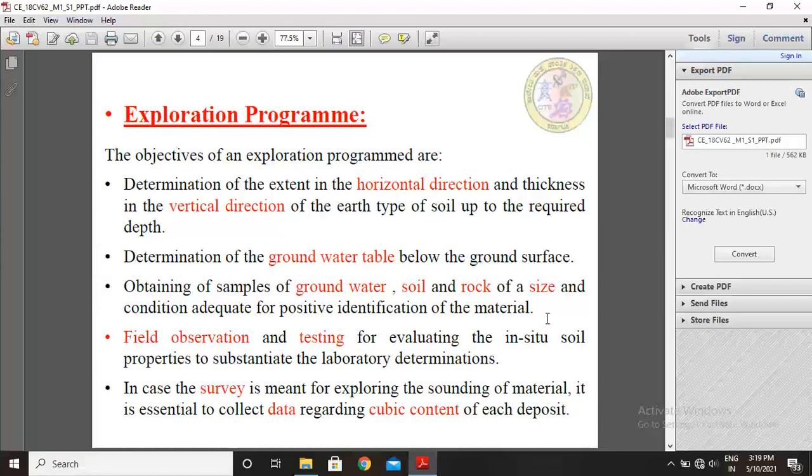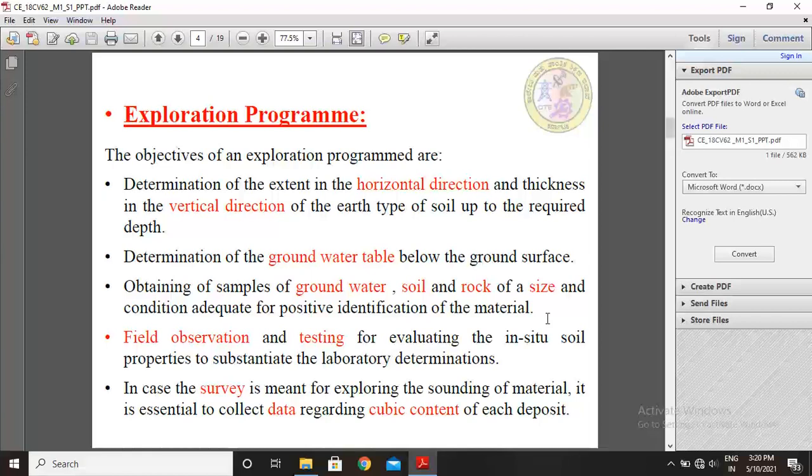What are the exploration programs? Let us see. The objectives of an exploration program are the following. First objective is determination of the extent in the horizontal direction and thickness in the vertical direction of the soil type up to the required depth.